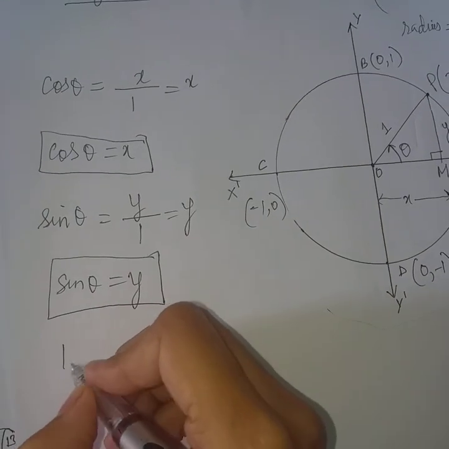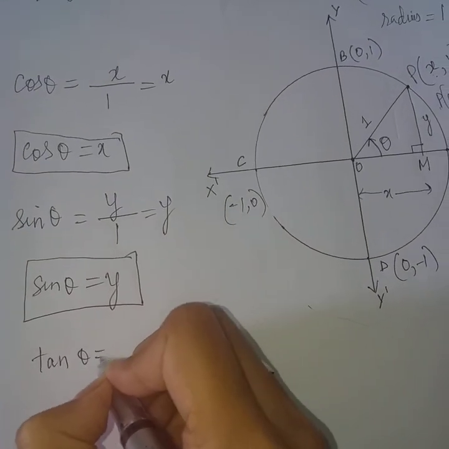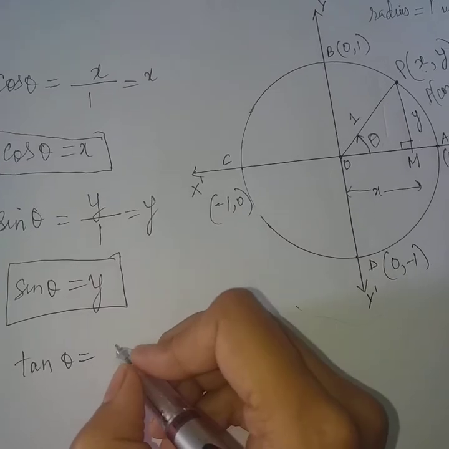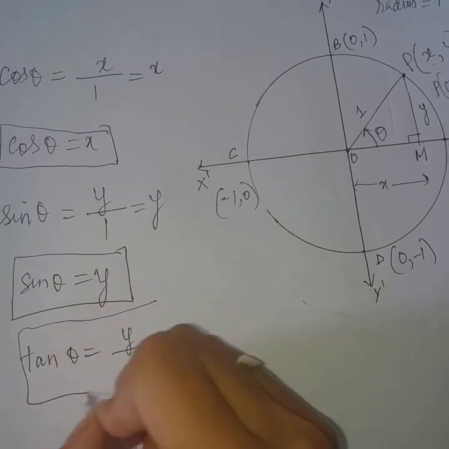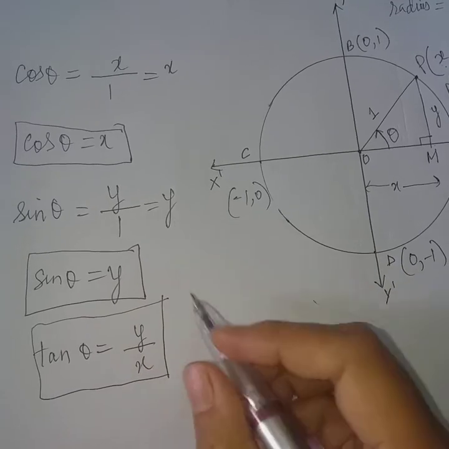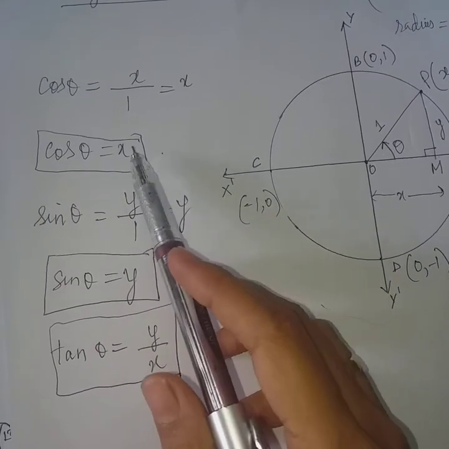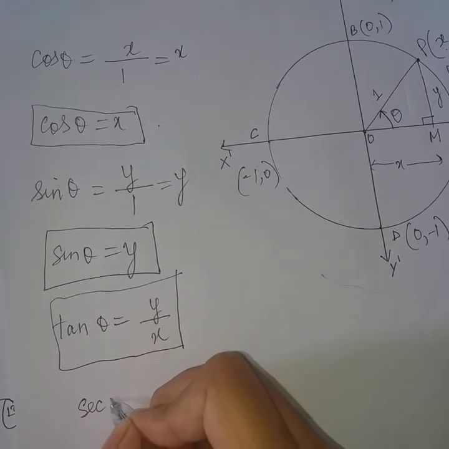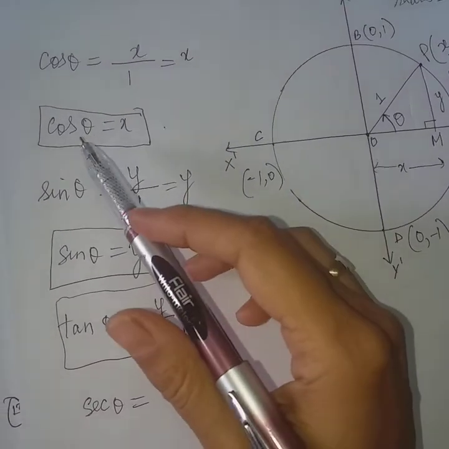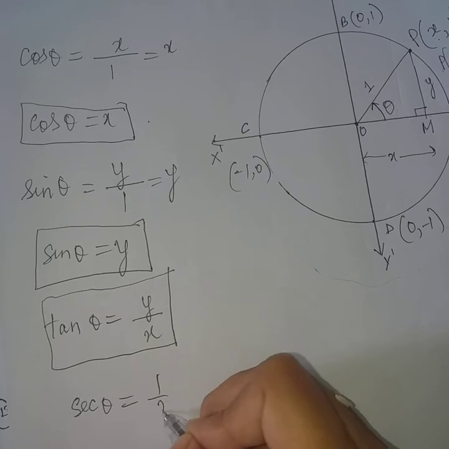So tan theta is sin theta by cos theta, that is y by x. And sec theta, since cos theta is x, will be 1 by cos theta, that means 1 by x.